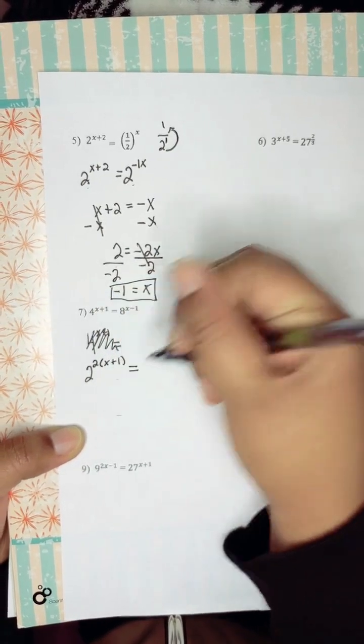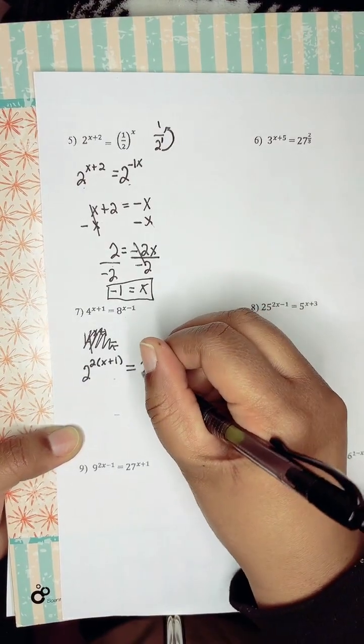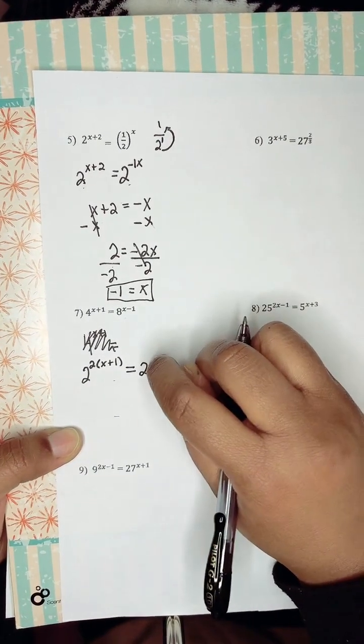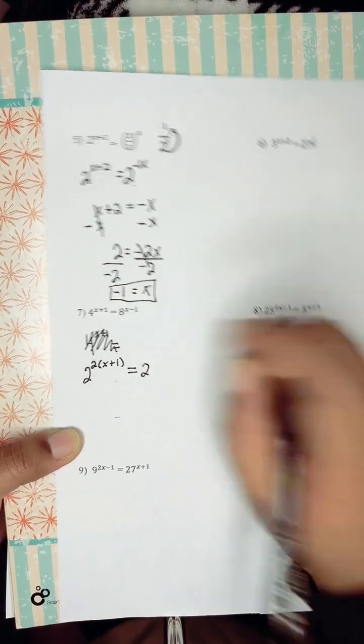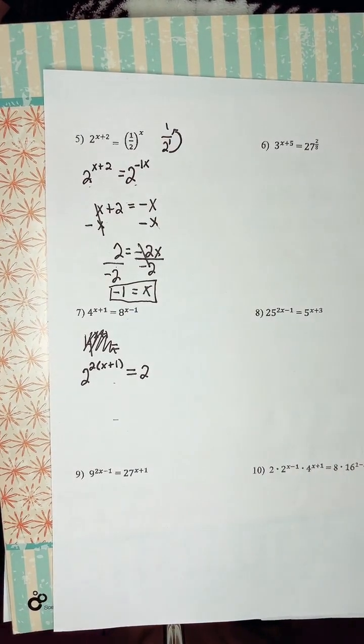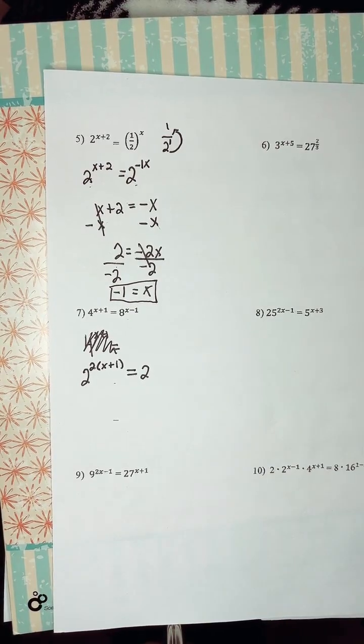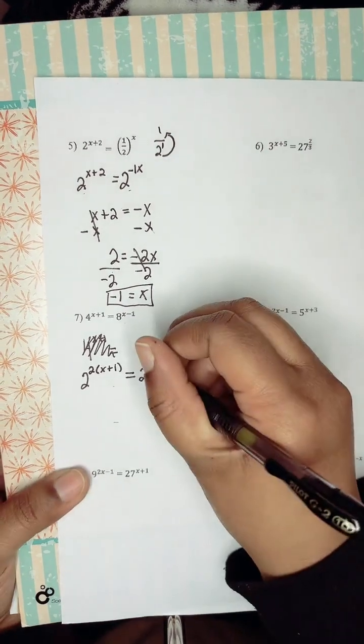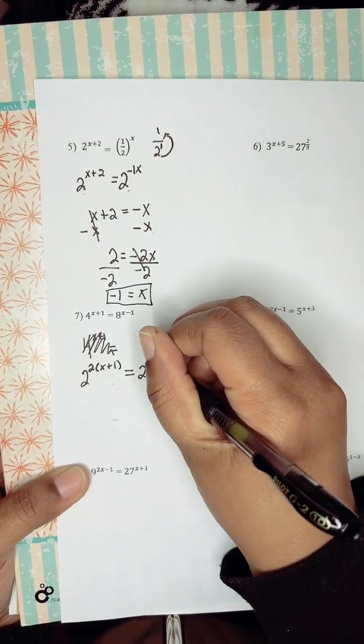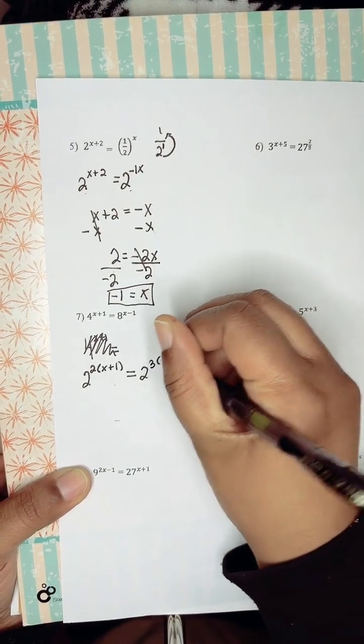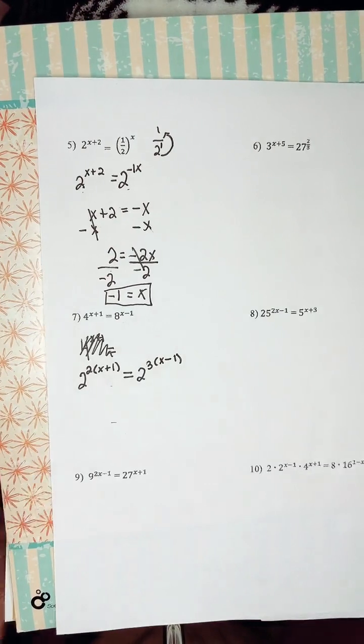And then equals 2 to the what power to make 8? Good, Ellis. 2 to the 3rd. Yes. And then put that parenthesis, x minus 1. Beautiful.